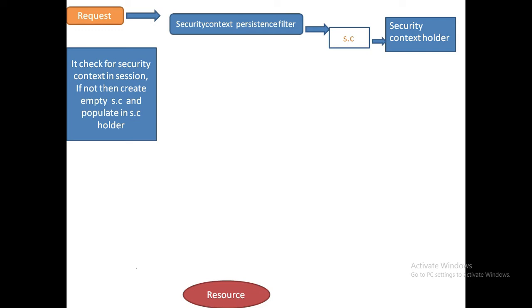As the user is not logged in, it didn't find the security context in the session. So it will create the empty security context and populate it into the security context holder. Now this request will be delegated to the logout filter, the next filter in this filter chain.